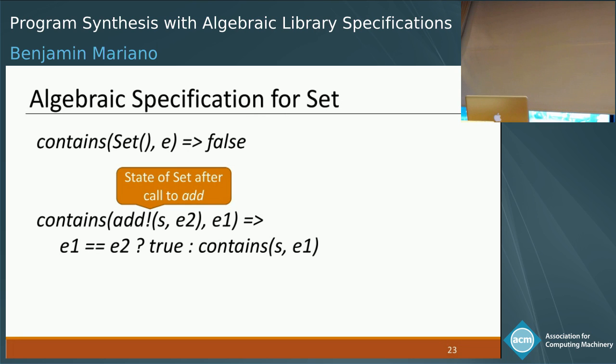If E1 is equal to E2, then yes, it does contain the element, return true. Otherwise, recursively look in the set S to see if it contains the element E1. And you'll notice here that we use this exclamation mark notation. What that's referring to is the state of the set after the call to add, as opposed to the actual return value of the add method.